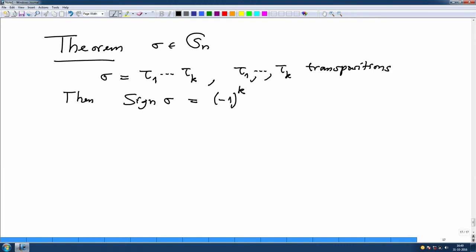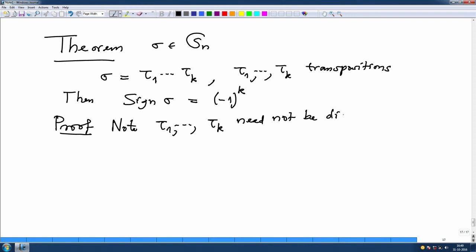Okay. So, we will prove this first. Proof. I am going to prove this assertion. Remember, what is most important to note is that tau 1 to tau k need not be disjoint, because if they are disjoint, there is nothing to prove, and that makes it more complicated to compute.